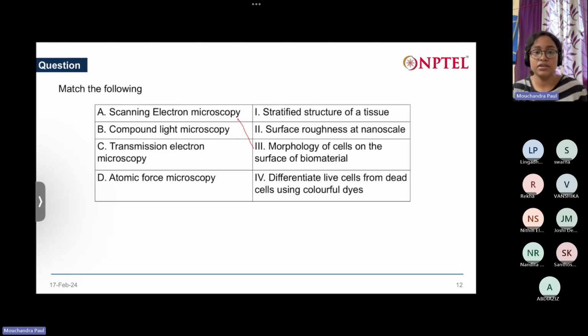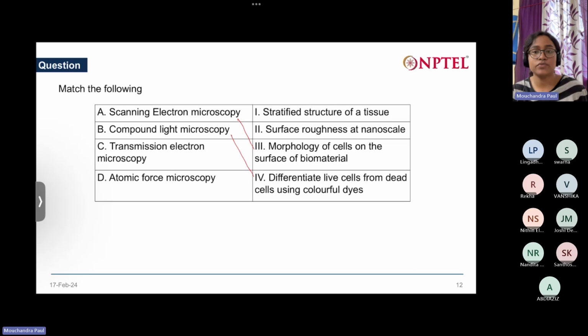Then option B, compound light microscope. For which of these applications can you use 1, 2, or 4? Fourth. Correct. And option C, only two are left, 1 or 2.